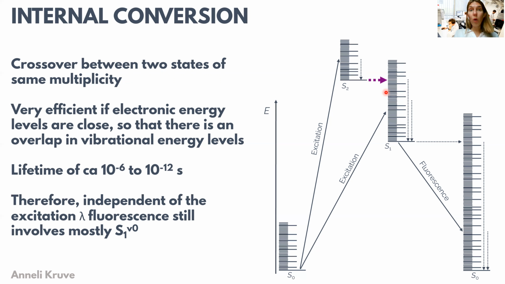This is more likely when the electronic excitation states S2 and S1 are very close in energy, so that the vibrational excitation levels of S1 actually overlap with the electronic excitation state S2, like we see it here.